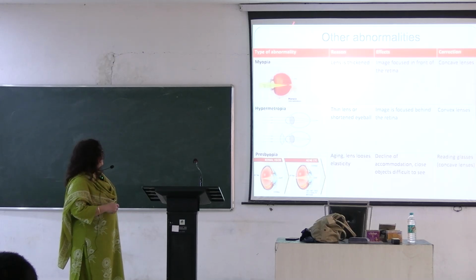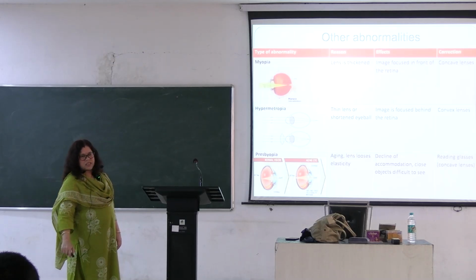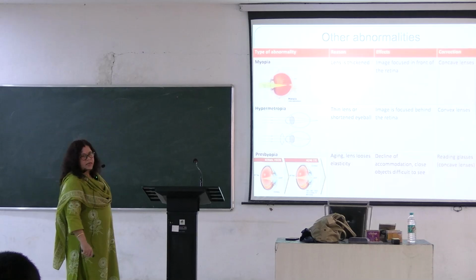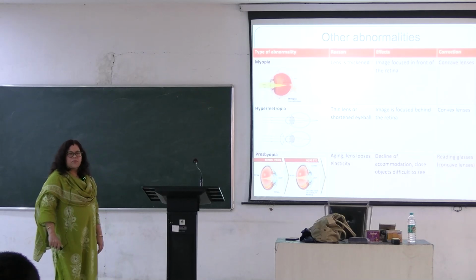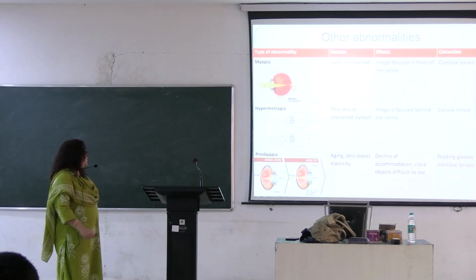And there are three types. First is myopia, second is hypermetropia, and the third one is presbyopia.